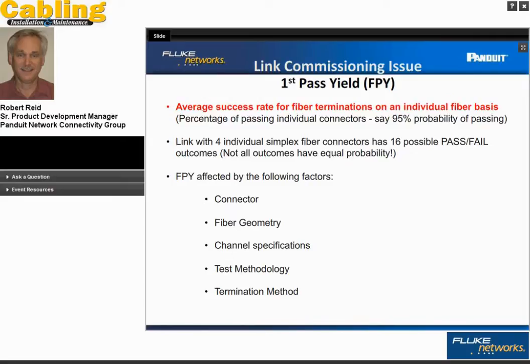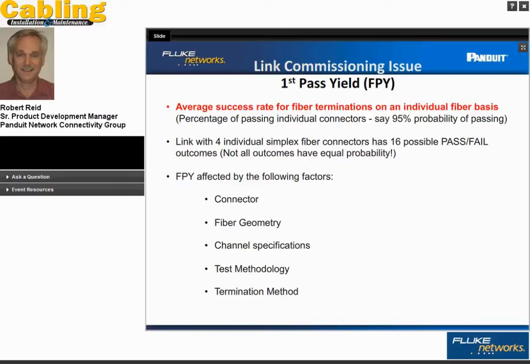So if I had 95% on an individual single simplex LC connector, let's say, if I pass 95 out of 100 of those connectors without retermination, I get 95% probability of passing. So the fact that there are 4 connectors in the link, and you saw the previous slides, it's a duplex link. There's a connector mated pair on either end.